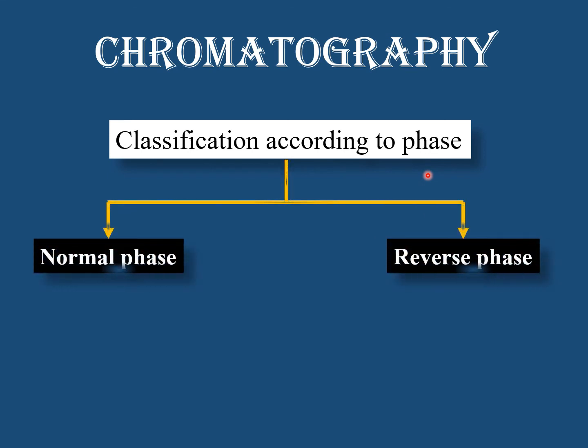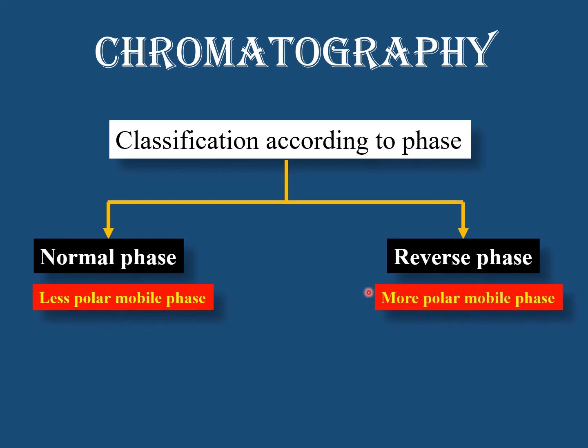So let's see what are the different types of chromatographies depending upon the phase. We can classify chromatography as a normal phase chromatography or reverse phase chromatography. So let's see the difference between the two. In a normal phase chromatography, the mobile phase usually is less polar, while in a reverse phase chromatography, a more polar mobile phase is used.